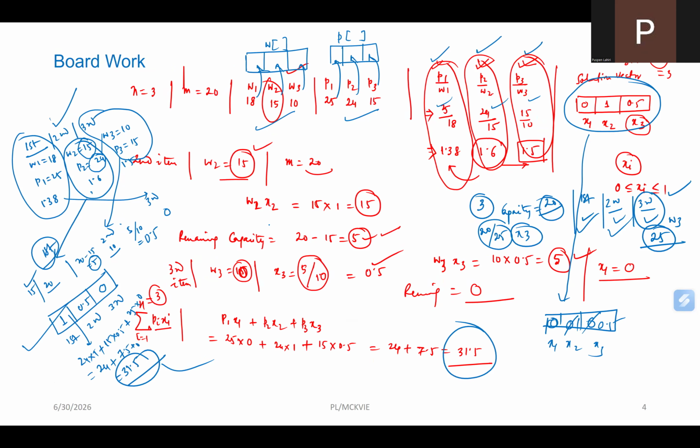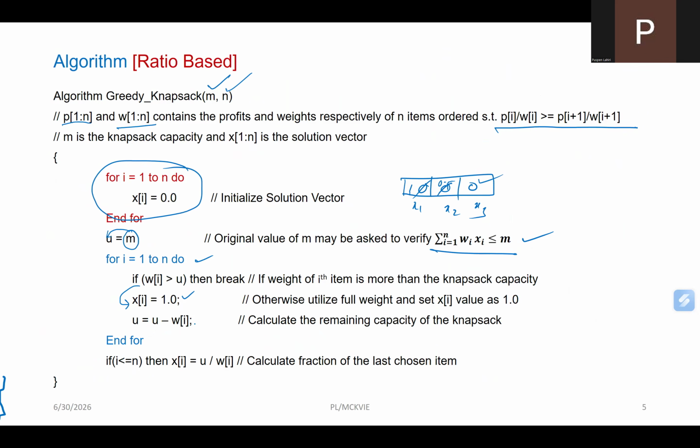So once you utilize the item fully, calculate the remaining capacity. Then move on to the next item for further verification. If the next item can be fully utilized, it is good. If the next item cannot be fully utilized, then you have to apply break.